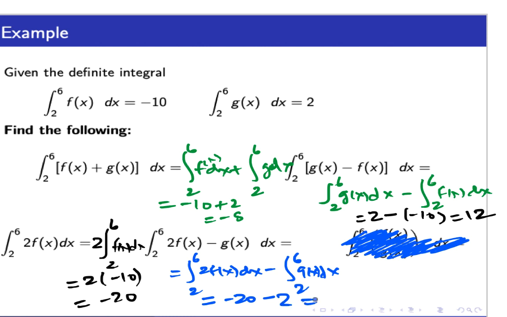So the final answer, negative 22. Okay, so cancel the other questions because I have not done that integral property with you guys. So this is not the correct one, please remove it.